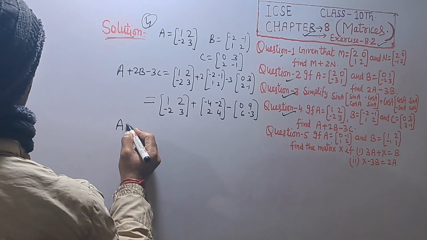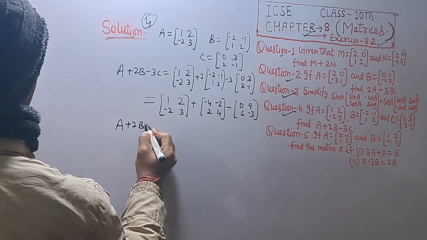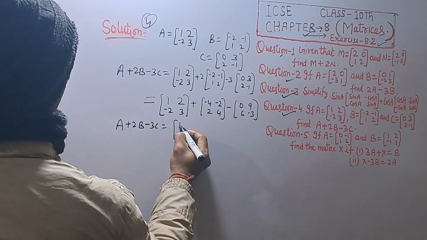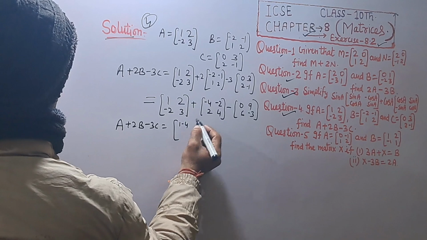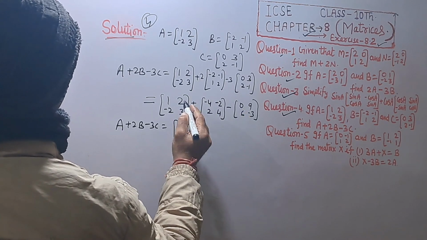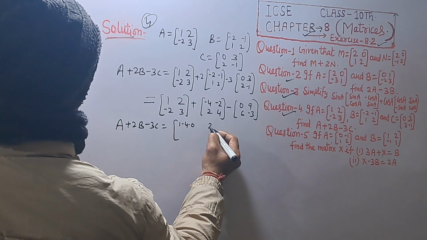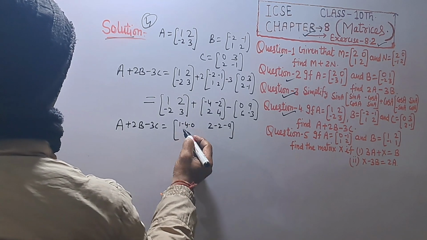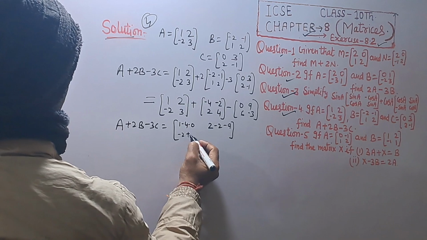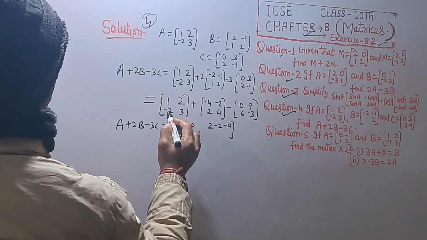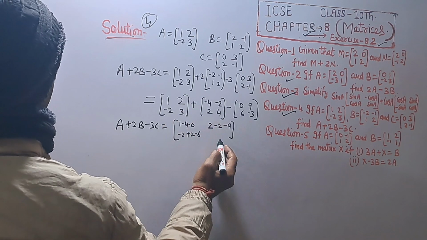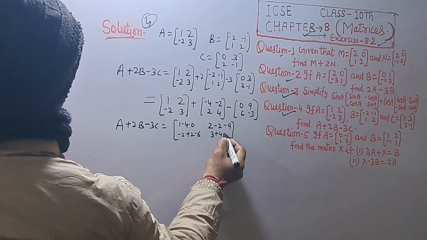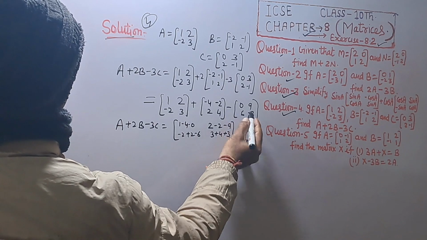So A + 2B - 3C is equal to: first element 1 - 4 - 0, and 2 - 2 - 9, -2 + 2 - 6, and last 3 + 4 + 3.